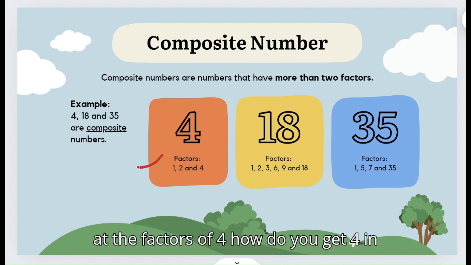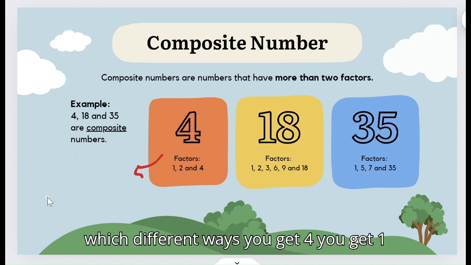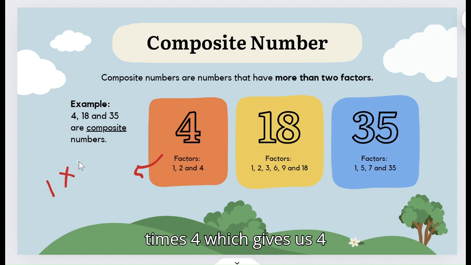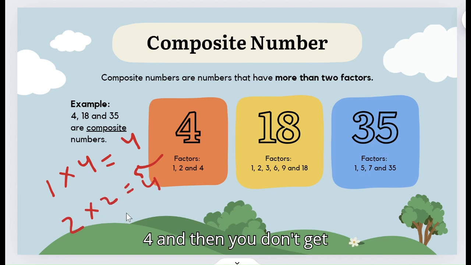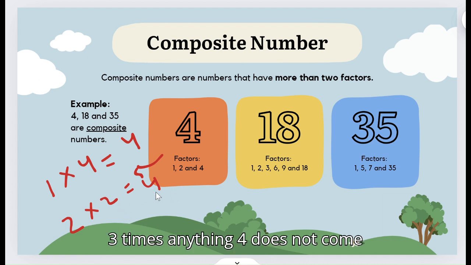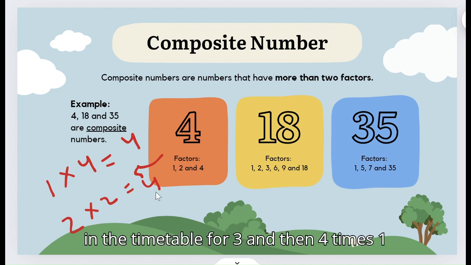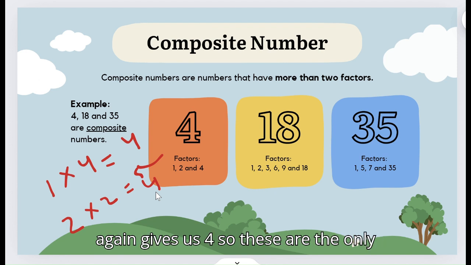If you look at the factors of 4, in which different ways do you get 4? You get 1 times 4, which gives us 4. And then 2 times 2, which gives us 4. And then you don't get 3 times anything, because 4 does not come in the times table for 3. And then 4 times 1 again gives us 4.